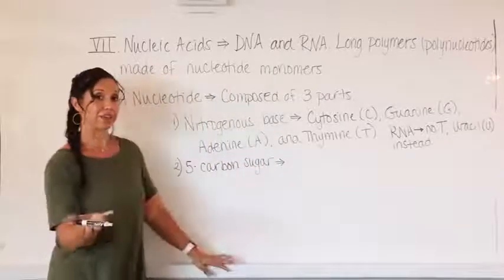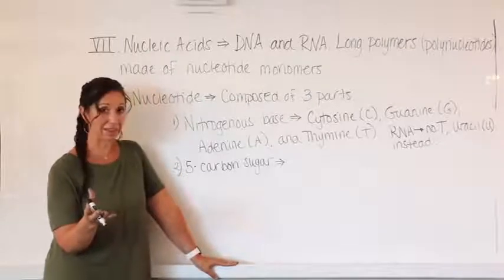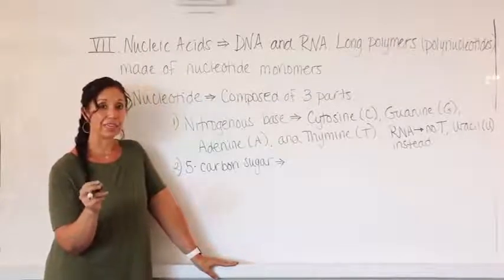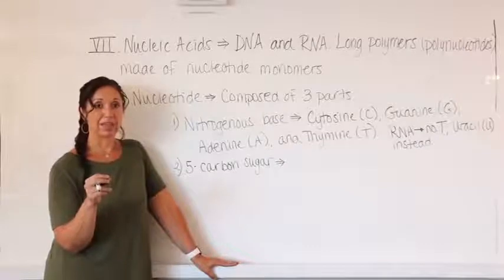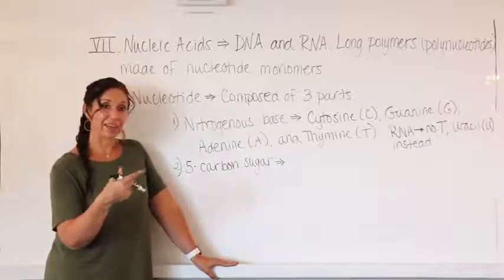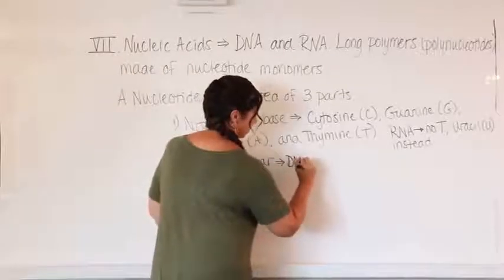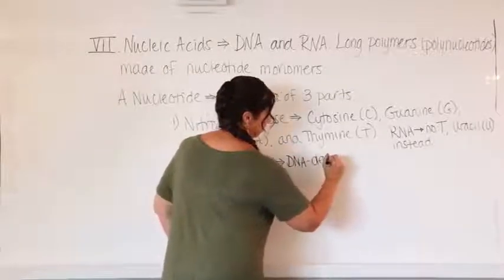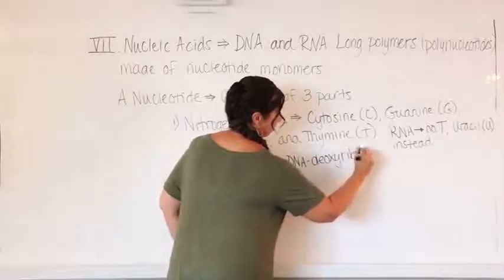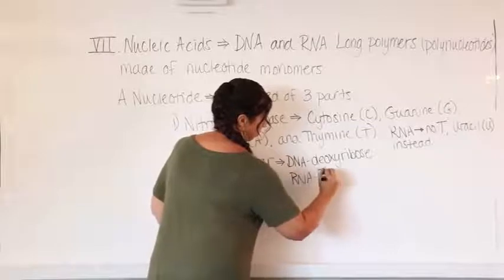Now, depending if you're DNA or if you're RNA, the sugar is going to look a little bit different. In DNA, the sugar is called deoxyribose. The os, remember, that's a sugar thing. In RNA, it's just ribose. So DNA has deoxyribose, RNA is ribose.